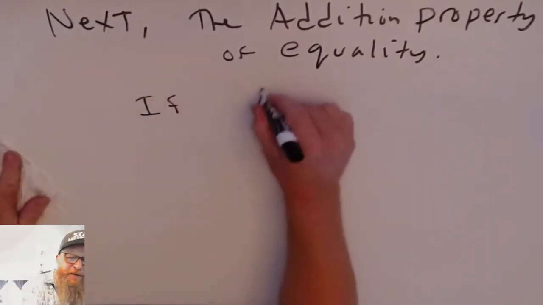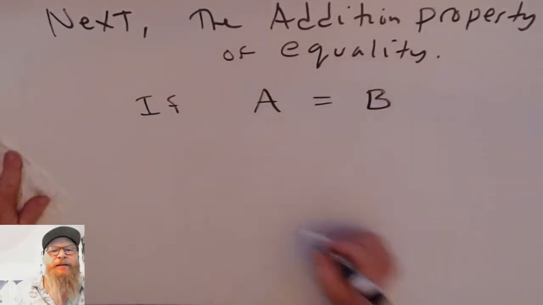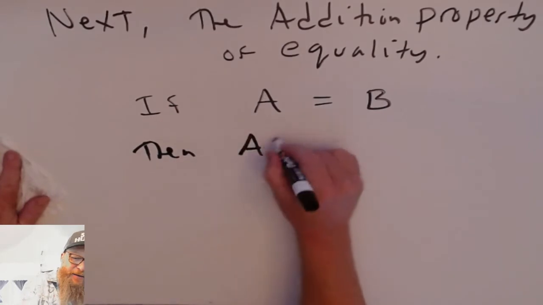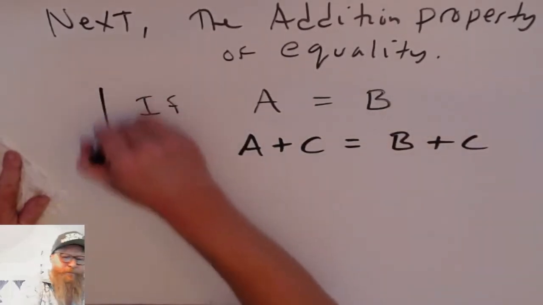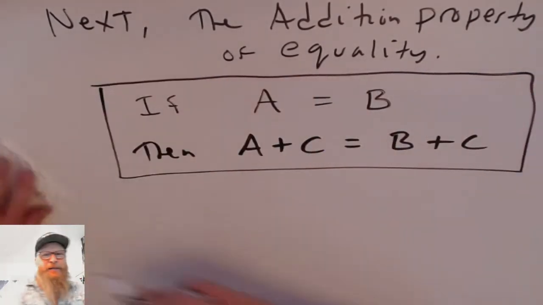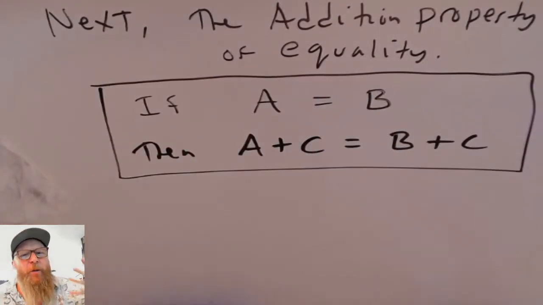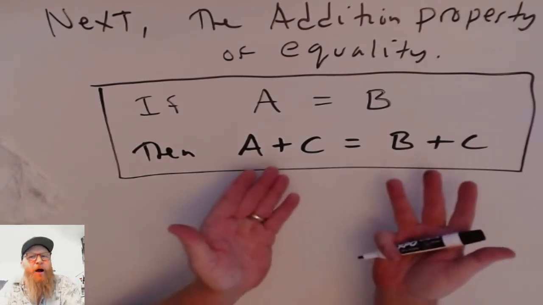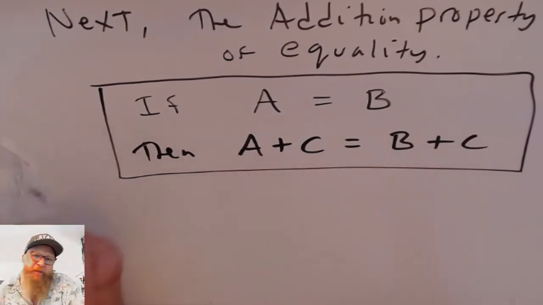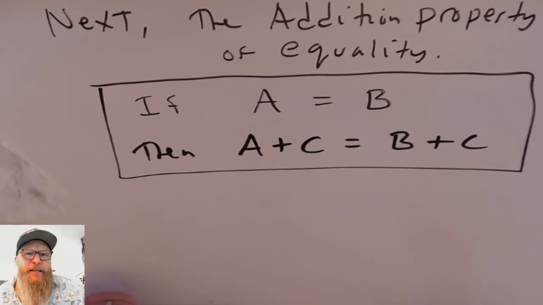It says if A is equal to B, then A plus C is equal to B plus C. This is what I call BOGO, or buy one, get one free. If you memorize the subtraction property, you get the addition property for free. Or vice versa. If you memorize the addition property, you get the subtraction property for free.